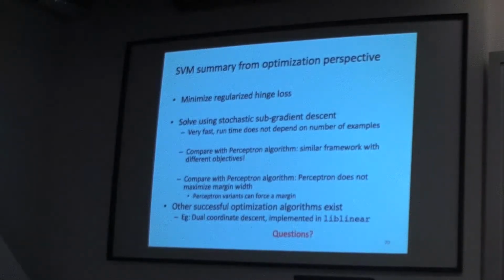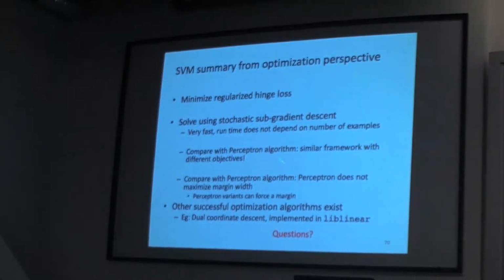Now I want to give a brief summary of SVM training in the primal domain. I will explain why it's called primal training very soon. The goal is to minimize the regularized hinge loss, and we can solve it using stochastic subgradient descent. The benefit is that it's very fast. The runtime does not depend on the number of training examples, and it has a nice comparison with the perceptron algorithm: a similar framework, but with a different training objective.